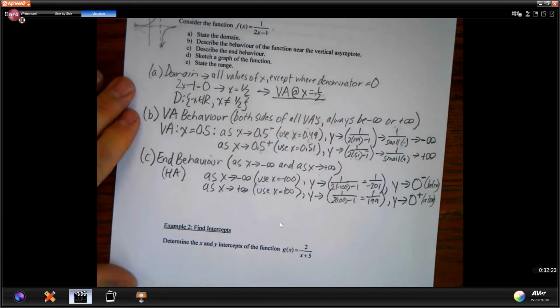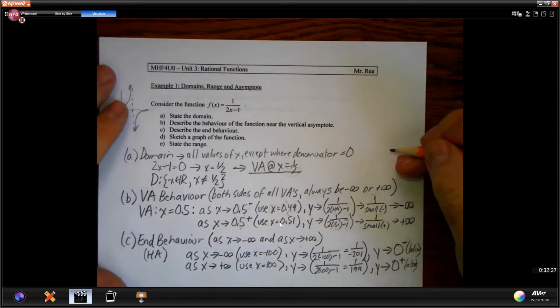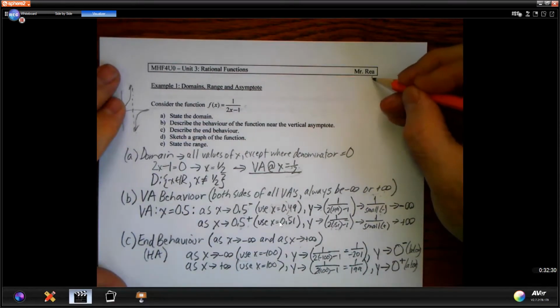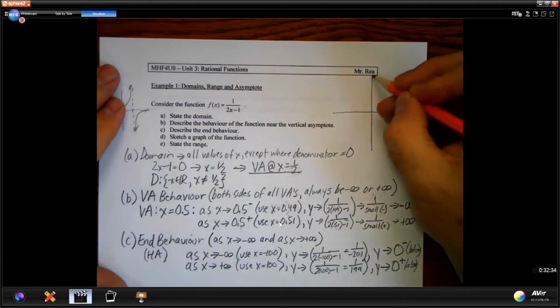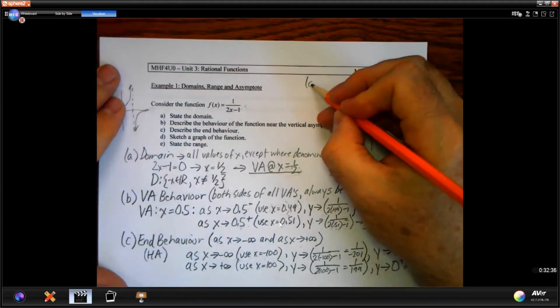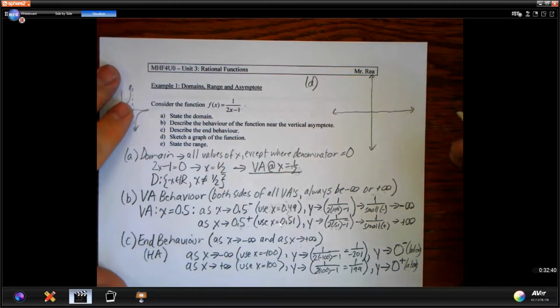Okay. Now the graph I'm going to do over here, squeeze it in. Again, this is a sketch. We're going to be gaining a little more detail to do a better job on our graph in the next few lessons, and actually in the next example as well.